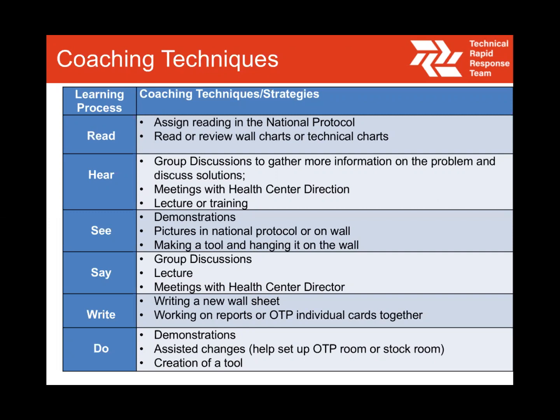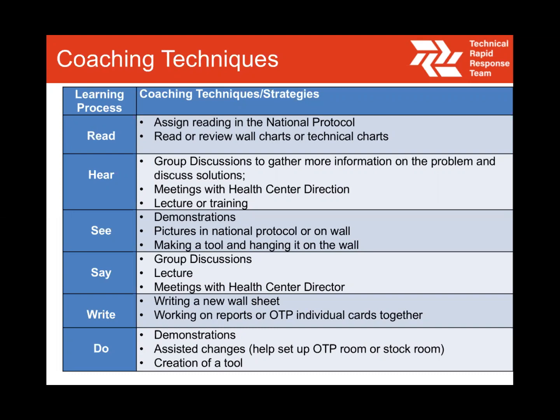For seeing, you can do demonstrations, look at pictures in the national protocol or on the wall, or you can make a tool and hang it on the wall to identify processes, scheduling, or different policies that need to be followed. For saying, you can have group discussions, lectures, and meetings with the health center direction.